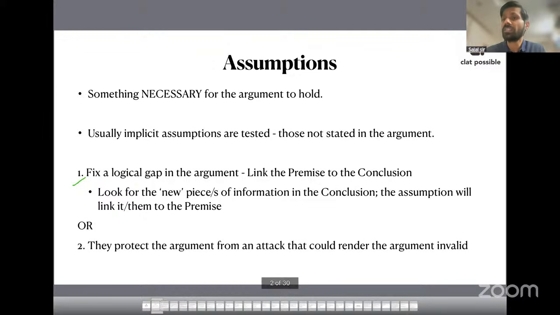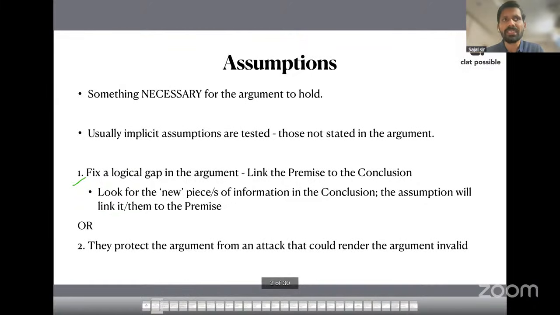The other way the correct option may appear is this: the correct option does not really look like a linking sort of assumption. It does not look like linking the premise to some new piece of information in the conclusion. But still, this option becomes the correct option because it protects the argument from a certain attack.